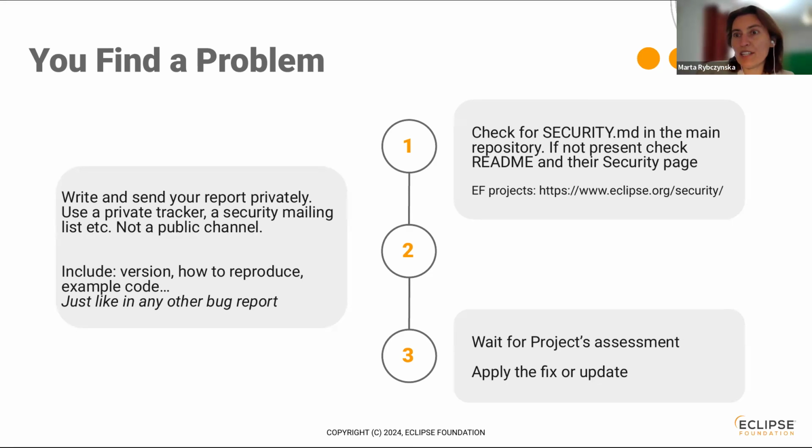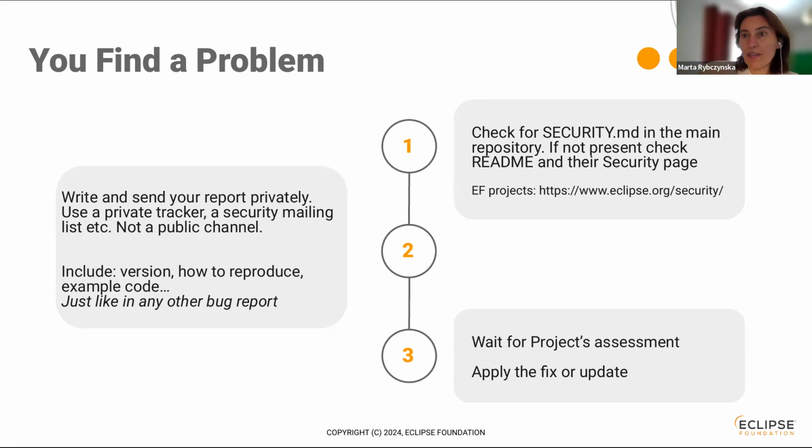The default one that we offer for Eclipse projects has the security mailing list of the Eclipse Foundation and the vulnerability tracker that we host on the Eclipse Foundation GitHub. And that applies to every project. Projects may also decide to use private reporting at GitHub if they please to do so.